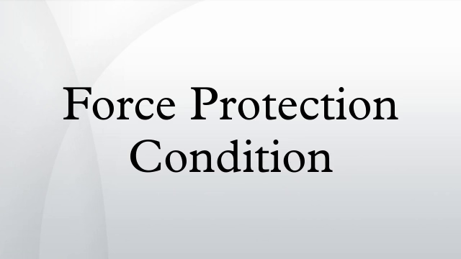FPCON Bravo describes a situation with a somewhat predictable terrorist threat. Security measures taken by agency personnel may affect the activities of local law enforcement and the general public. Force protection level I anti-terrorism training defines FPCON Bravo as: FPCON Bravo applies when an increased and more predictable terrorist threat activity exists.